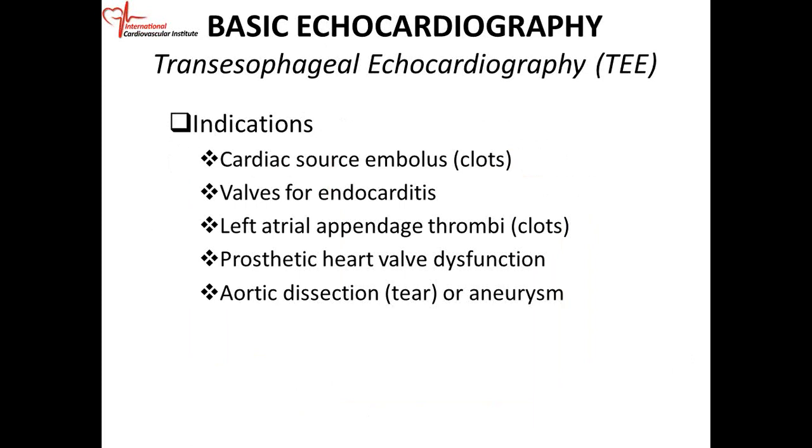If the patient has atrial fibrillation or atrial flutter, clots usually live inside the atrial appendage because it's like a cul-de-sac and you don't have good circulation of blood there, especially in atrial fibrillation. So that's one of the areas where you'll find blood clots. You can also find blood clots in the apex of the heart and other areas, but the most common location is in the left atrial appendage.